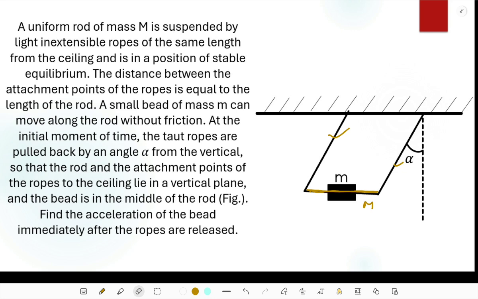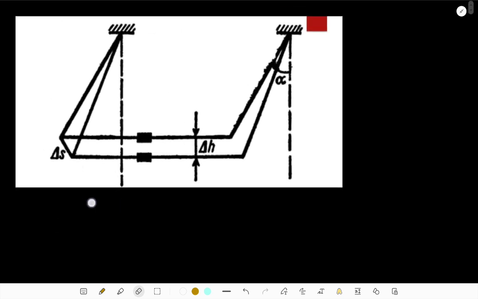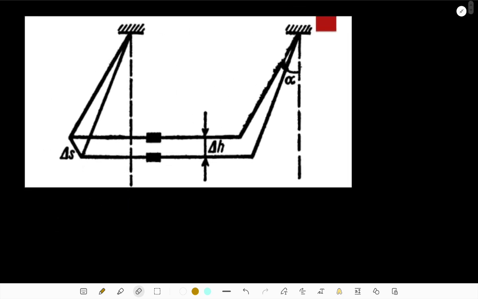Let me show you a picture before doing anything else. Here is the picture showing all those things. In this small time interval, the ends of the rod have performed a displacement delta s, you could call it ds, it's fine with me.